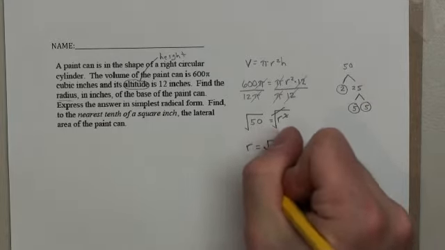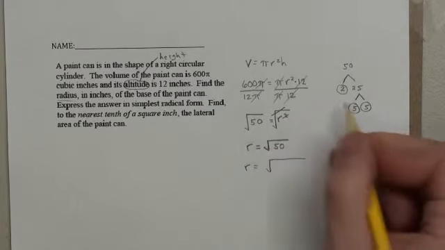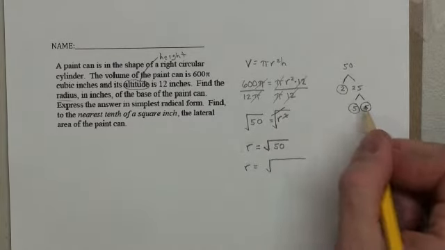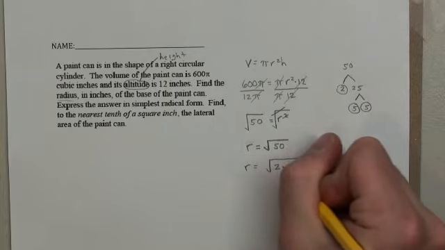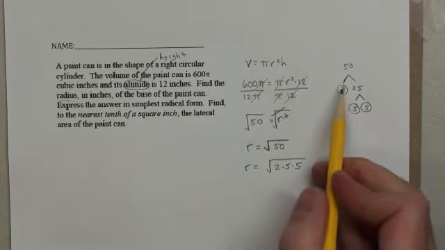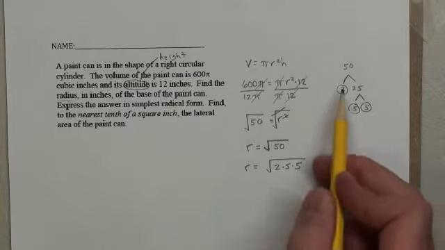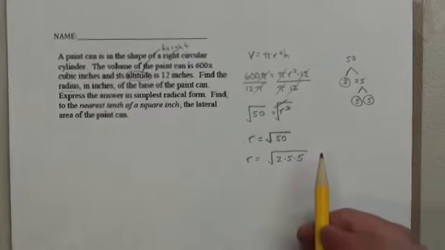So now I replace under my radical all those factors. 2 times 5 times 5. Don't forget about this 2 that's up here on the left, okay? Just because it's up higher, it doesn't matter. Everyone that's circled gets put back under here.